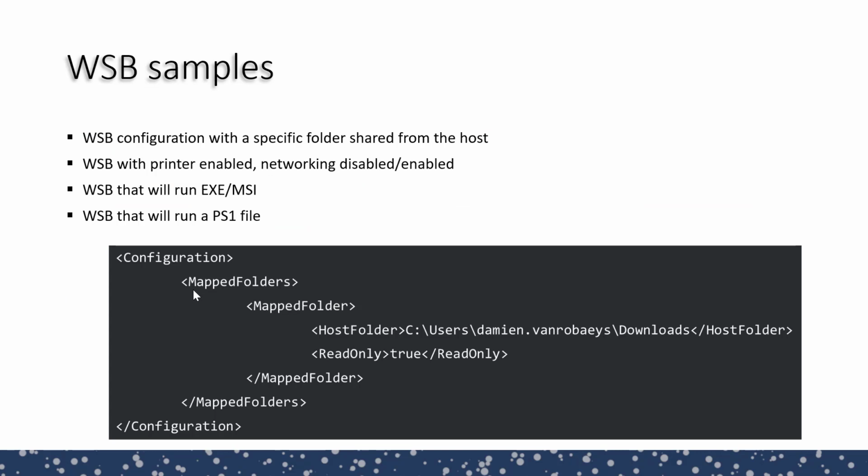Here are some examples of WSB sample files. There, a WSB configuration with a specific folder shared from the host computer. This configuration, like you can see, is in XML format, and will share the download folder from my host computer to the Windows Sandbox with ReadOnly set to true, meaning from the Windows Sandbox you can just access the folder and not create anything in it.